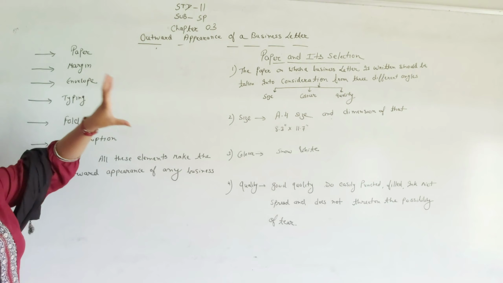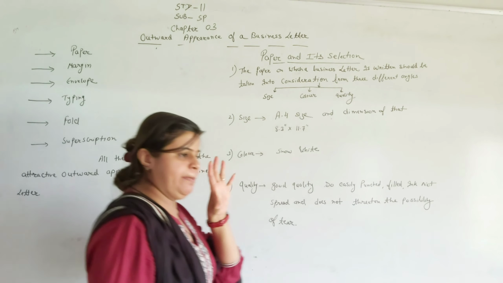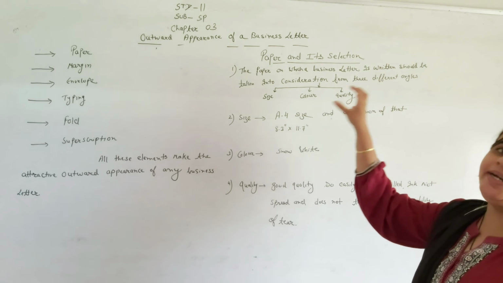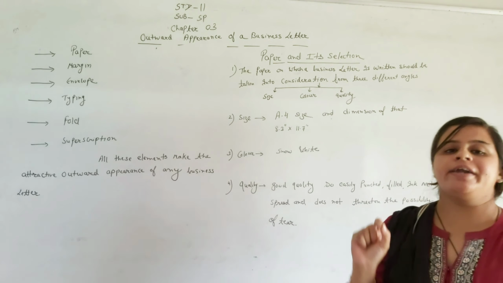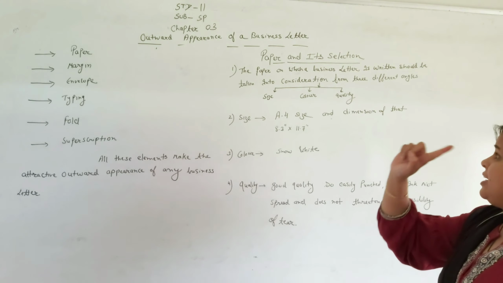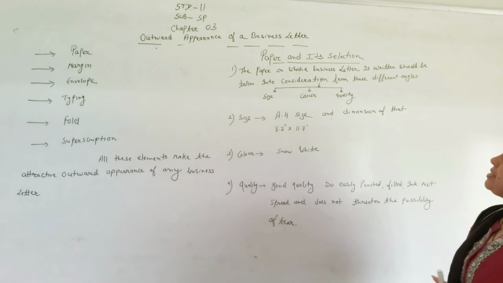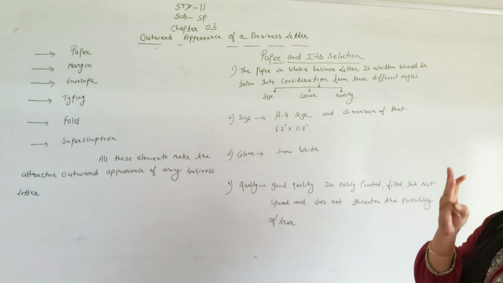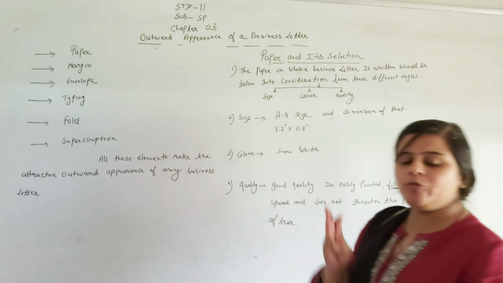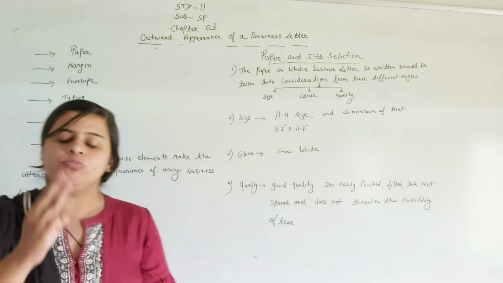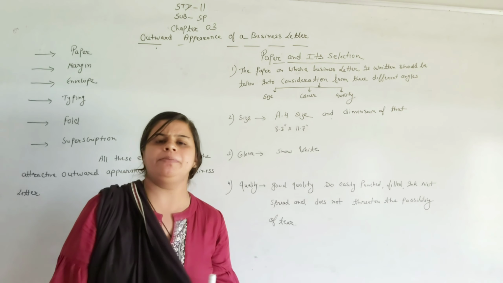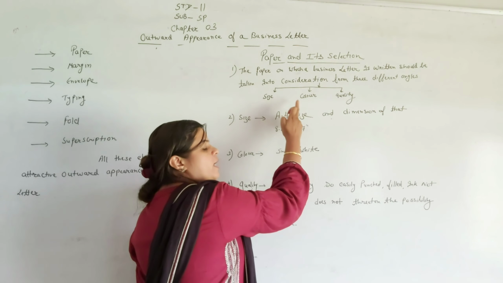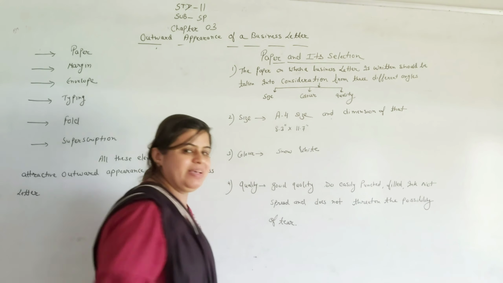When you are writing a business letter, the paper is the important element on which you are writing. The paper on which a business letter is written should be considered from 3 different angles. Whenever we write a business letter, we always keep 3 elements in mind while selecting the paper: its size, its color and its quality.